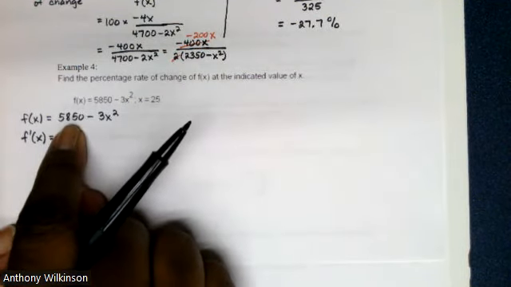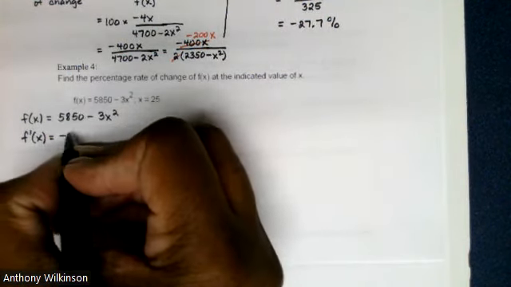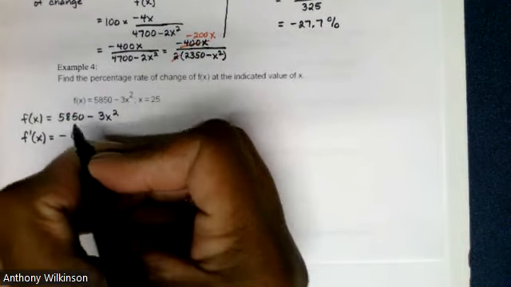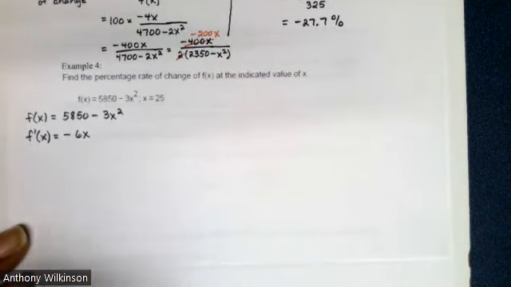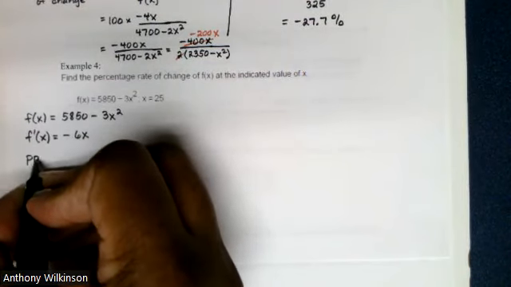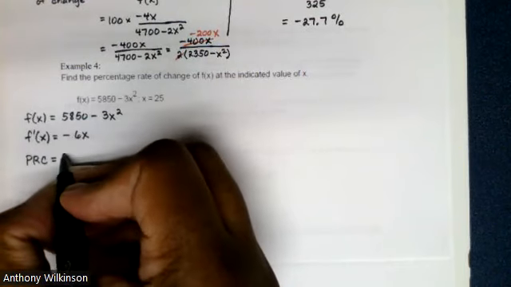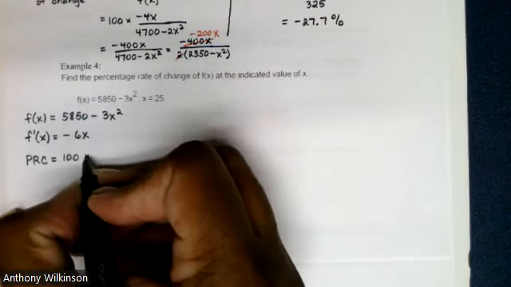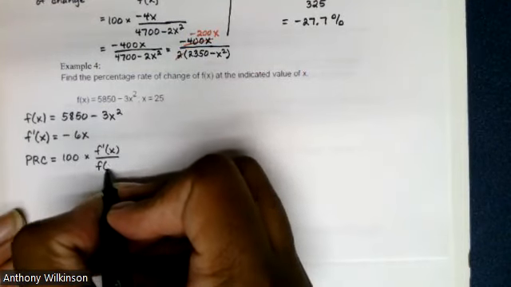So the derivative of 5850 is just going to be 0. But minus 3x squared, its derivative will be a negative 6x. So f prime of x will be negative 6x. Now for the percentage rate of change, and I'll abbreviate that as PRC, that's going to be 100 times f prime of x divided by f of x.